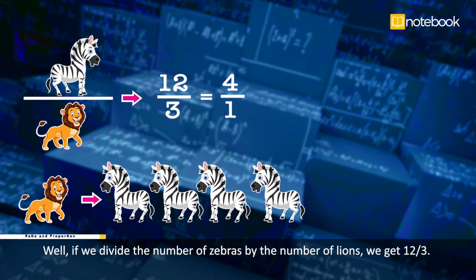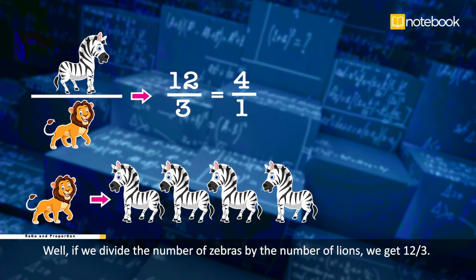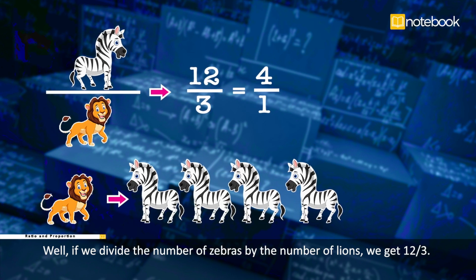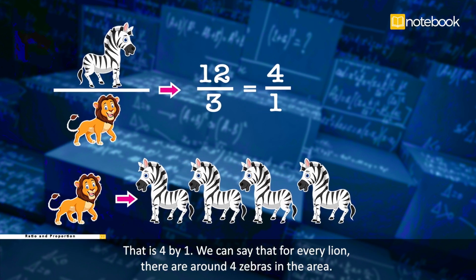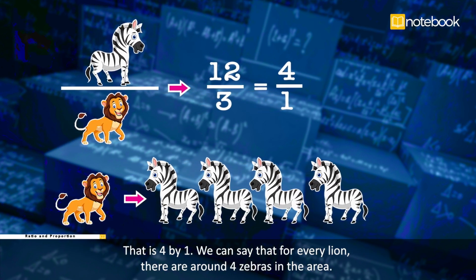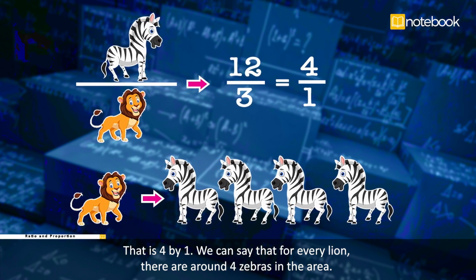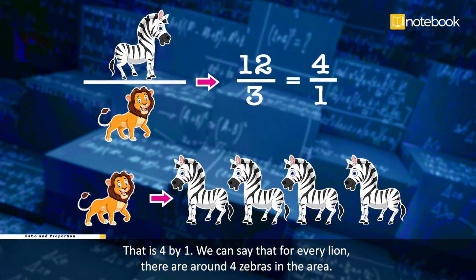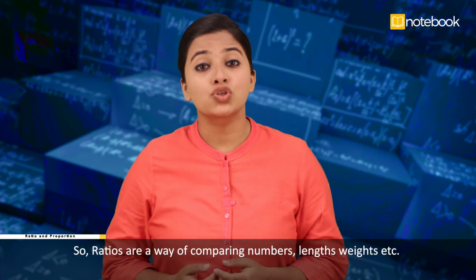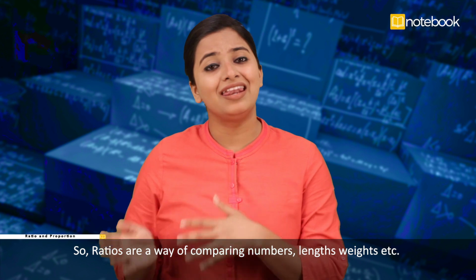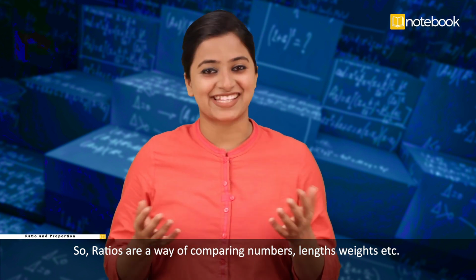Well, if we divide the number of zebras by the number of lions, we get 12 by 3, that is 4 by 1. We can say that for every lion, there are around 4 zebras in the area. So ratios are a way of comparing numbers, lengths, weights, etc.